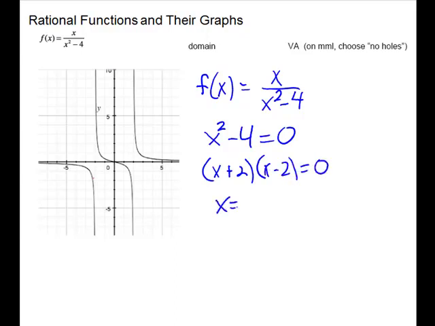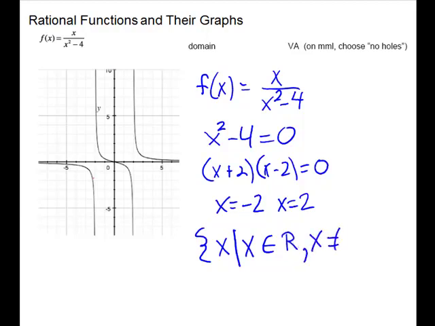And so x equals negative 2 and x equals positive 2. Those are bad values. So when you're answering domain, you're going to throw those away. So the domain is the set of all x such that x is an element of the reals and x is not equal to negative 2 and positive 2.